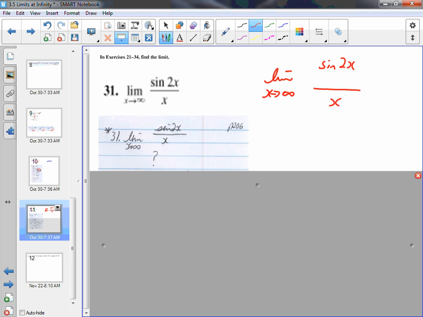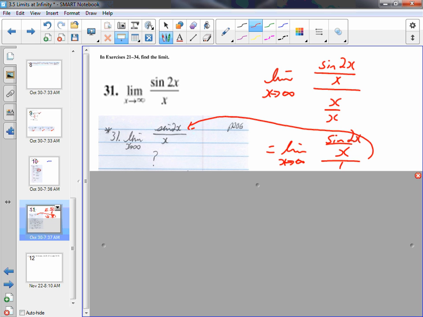Well, the largest power of x in the denominator is x, so I divide by x. So I get the limit as x approaches infinity of the sine of 2x over x over 1, which takes me right back to where I started. Hence, the question mark.